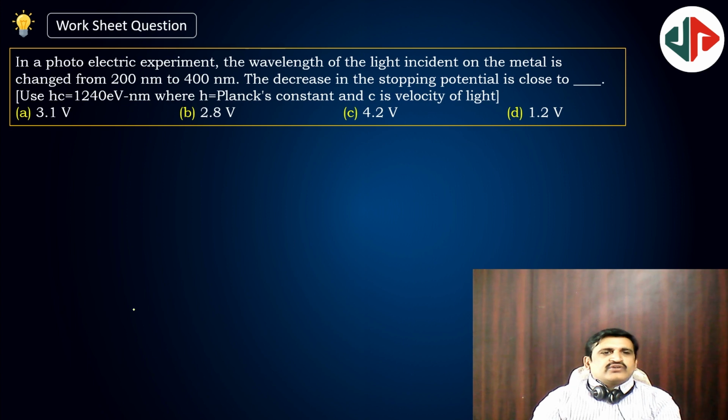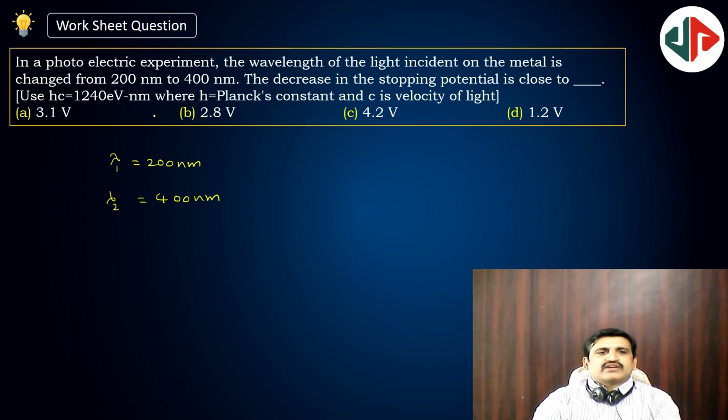In a photoelectric experiment, the wavelength of the light incident on a metal is changed from 200 nanometers to 400 nanometers. Lambda 1 is 200 nanometers and lambda 2 is 400 nanometers. The decrease in the stopping potential is close to... He is asking us to use hc value 1240, and nothing else is given.